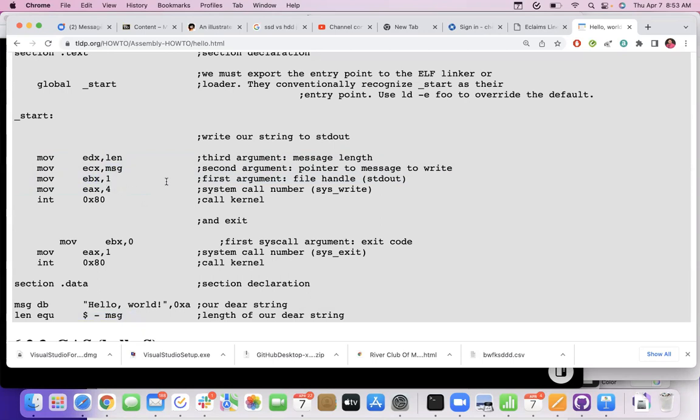Well, what does the number one stand for? It stands for where I want to write it out to, because the goal of this program is to display hello world to the screen. So I want to display it to the screen, which is standard output. And then EAX is going to hold the number 4, and 4 corresponds to the system call on the operating system.